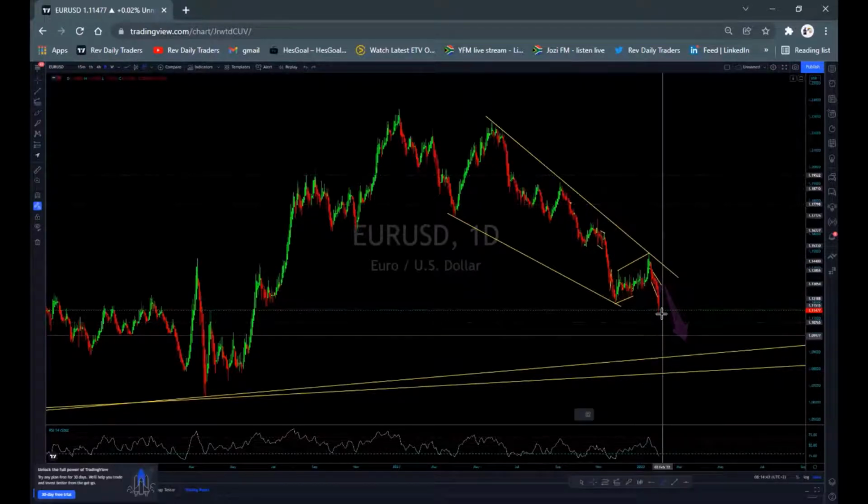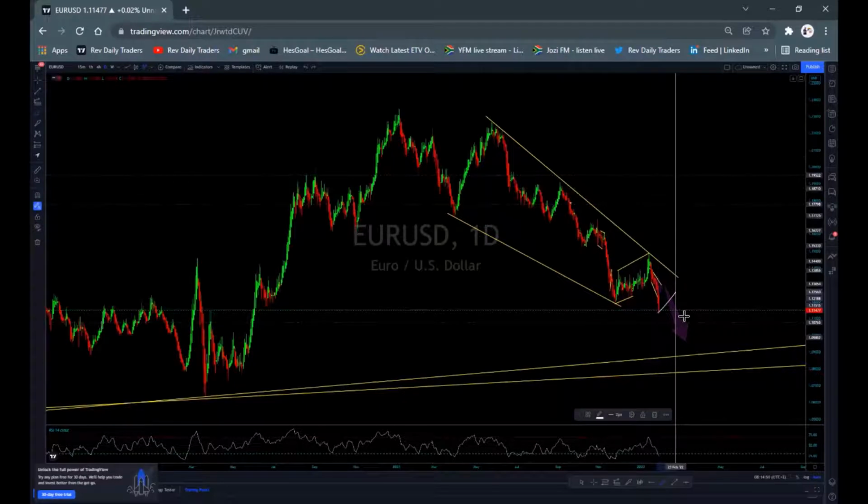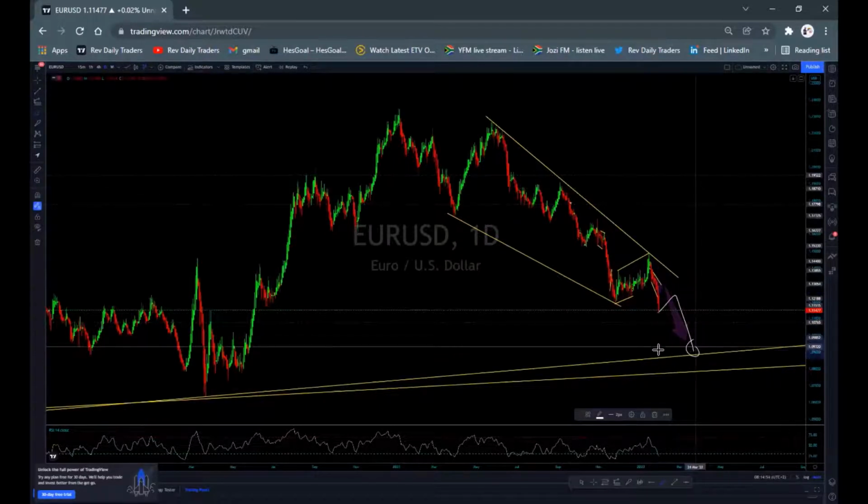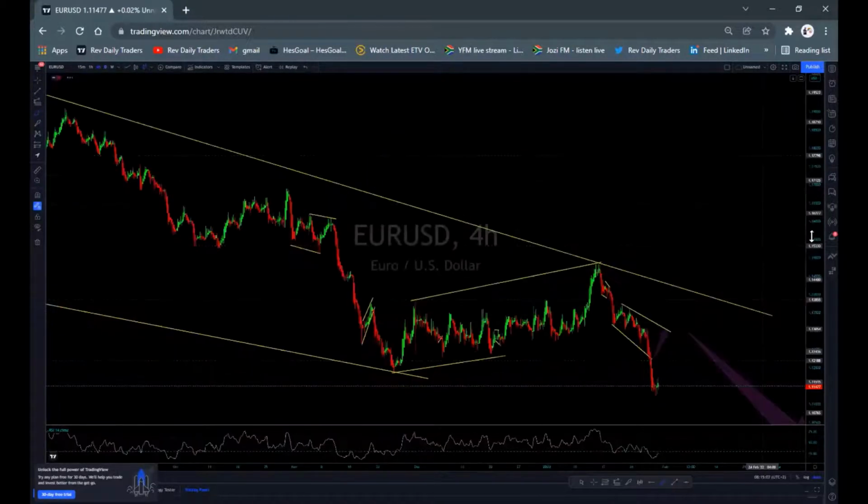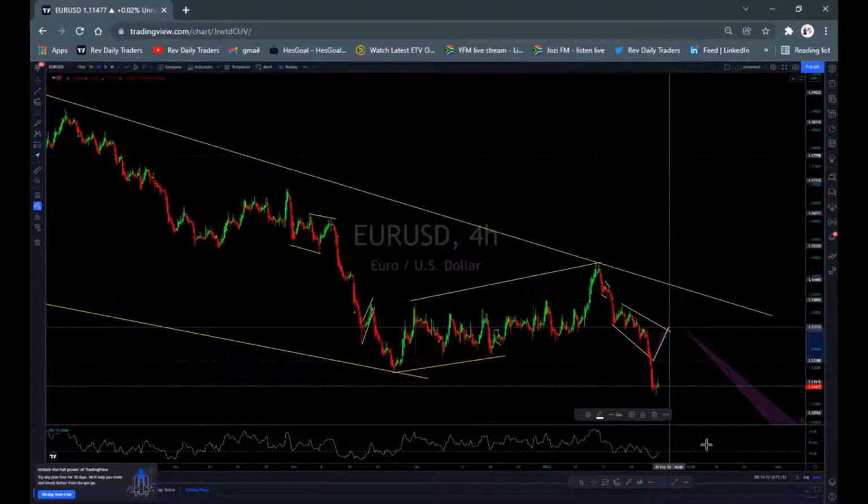Okay, so now you'll be expecting that correction to complete that pattern or that move. So expect a bigger correction here, then a drop. If you go to a 4 hour or 1 hour, you'll get that, because here we were expecting the price to come in, correct here, then a drop.